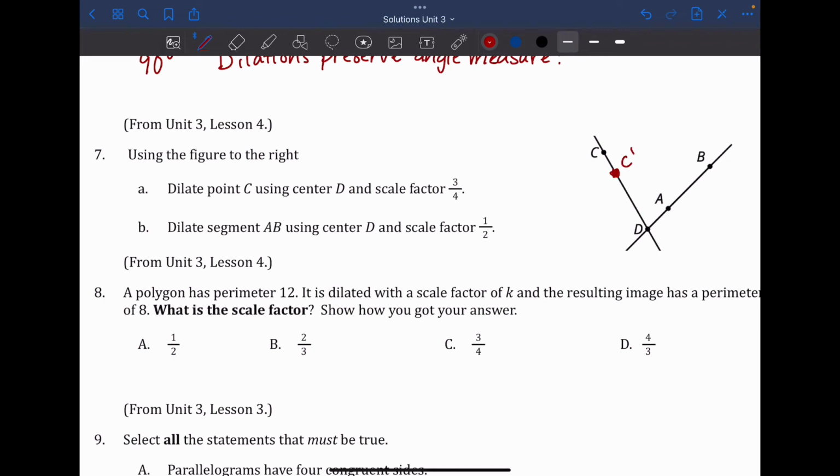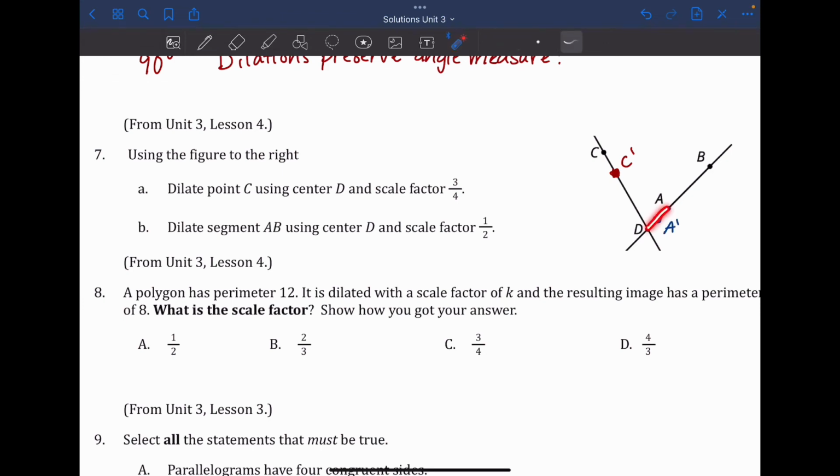Now, they want me to dilate segment AB using a scale factor of 1/2. And luckily enough, we can actually do that by just dilating the points themselves half the distance. So I'm going to do these ones in blue. A is going to go half the distance between itself and D, so this will be A prime. And B is also going to go half the distance.